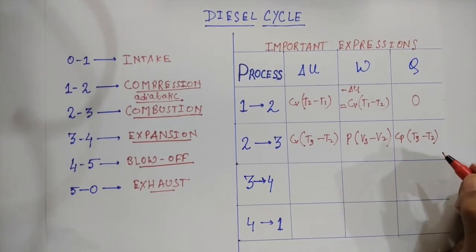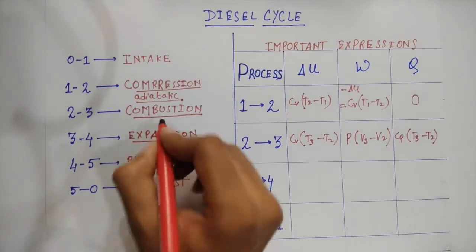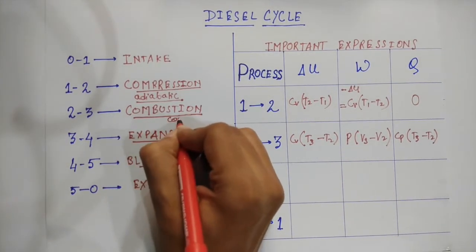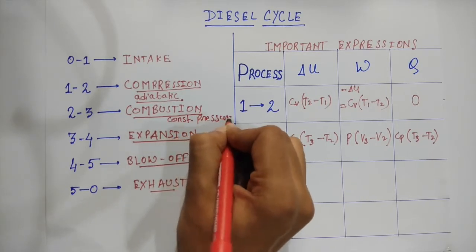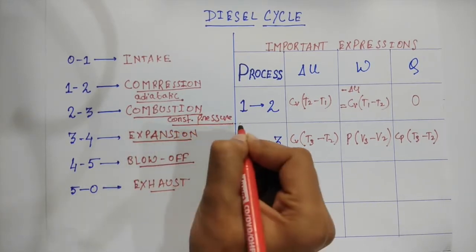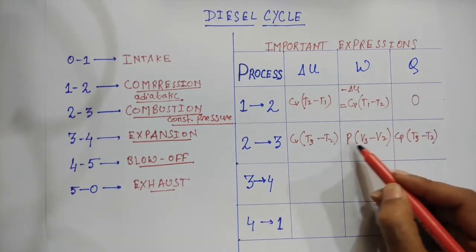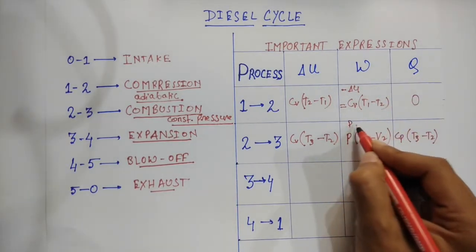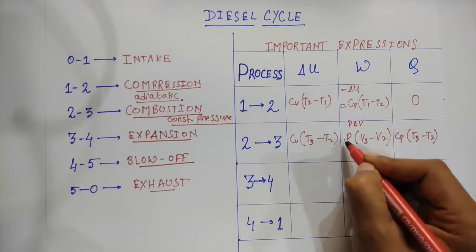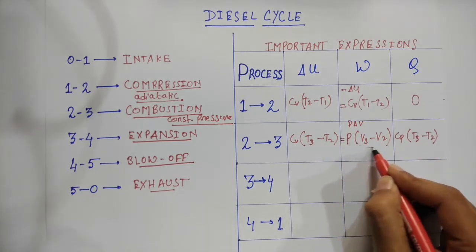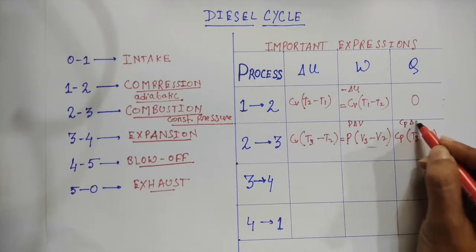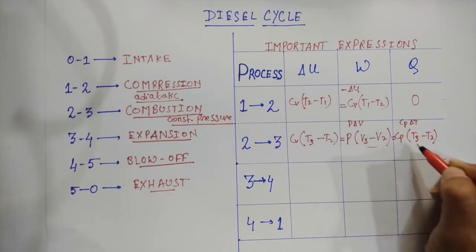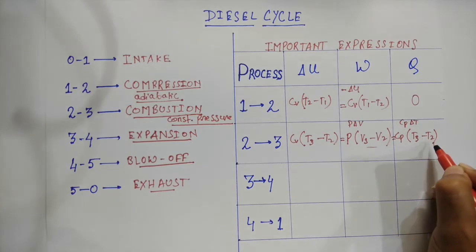We have already seen in the graph that this process is a constant pressure process. Hence, W becomes P del V, that is equal to P into V3 minus V2, and Q is Cp del T, that is equal to Cp into T3 minus T2.